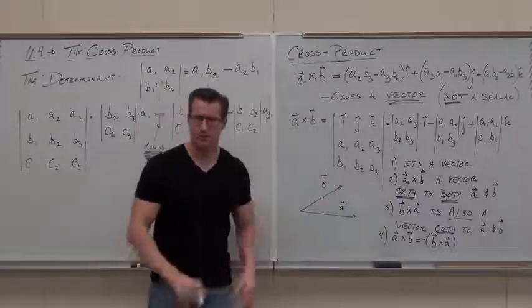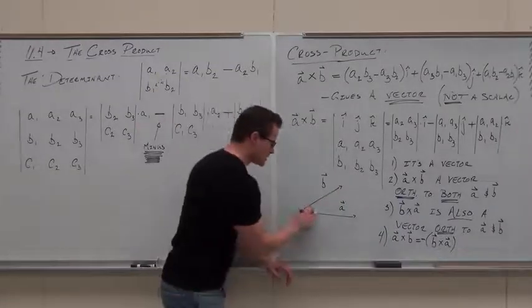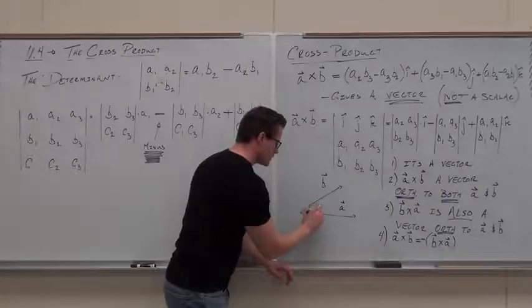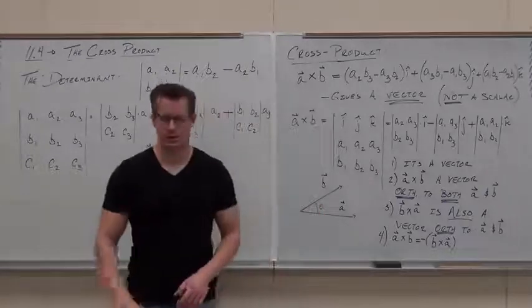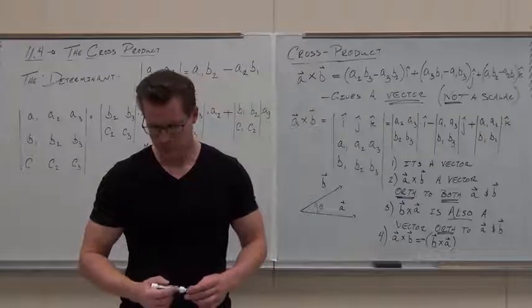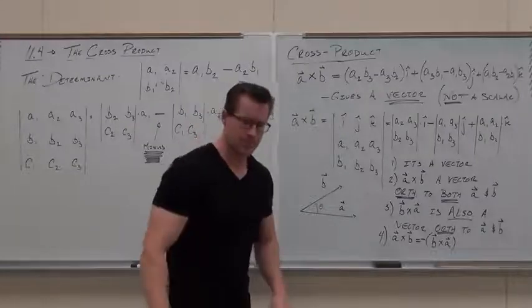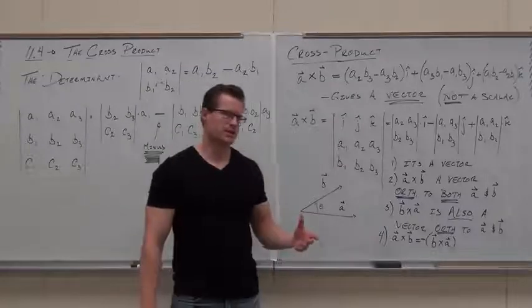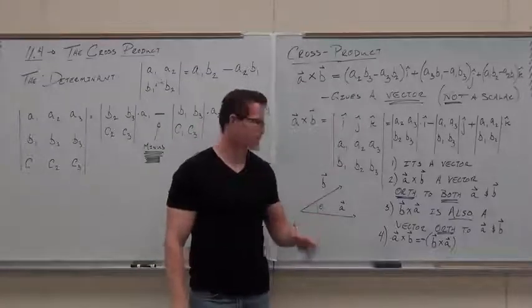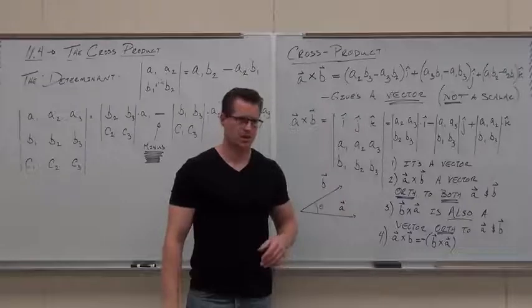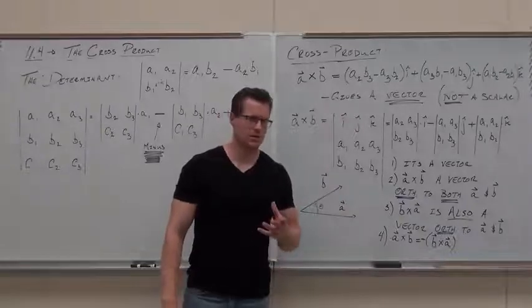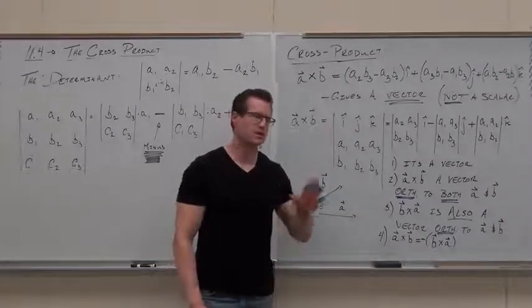So let's say that's vector A and that's vector B, and there's obviously an angle between those vectors. Here's a couple things I need you to know. Firstly, the representation of what A cross B and B cross A means. What I want you to do, just imagine this right now.